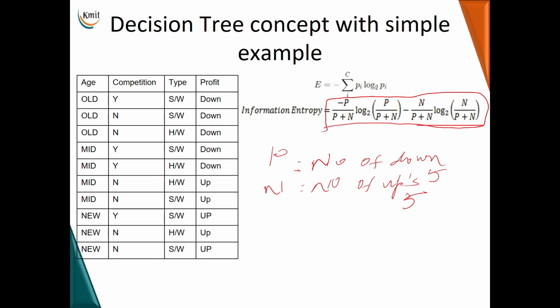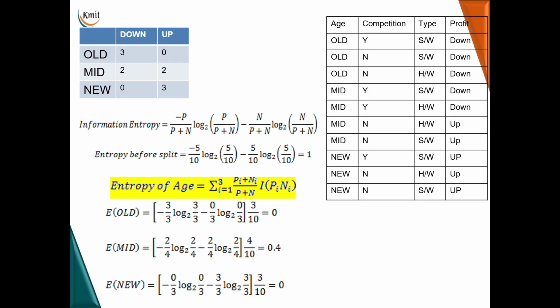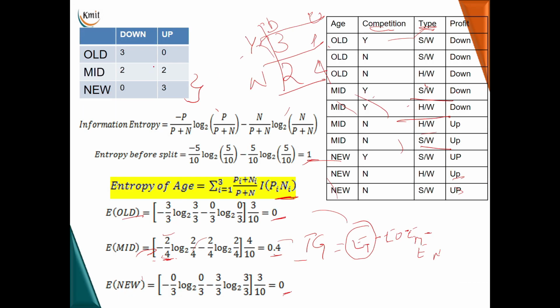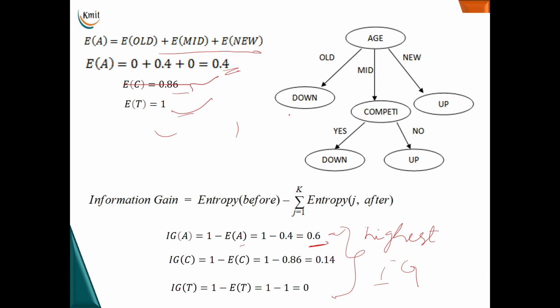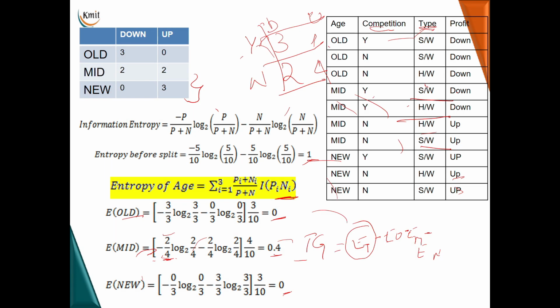Now I have got age as my root node, right? So now, the next thing I have to do is, for my age, do I have anything? When I am talking about old, middle and new. You can check here, old, middle and new. When I am talking about old, do I have any ups?